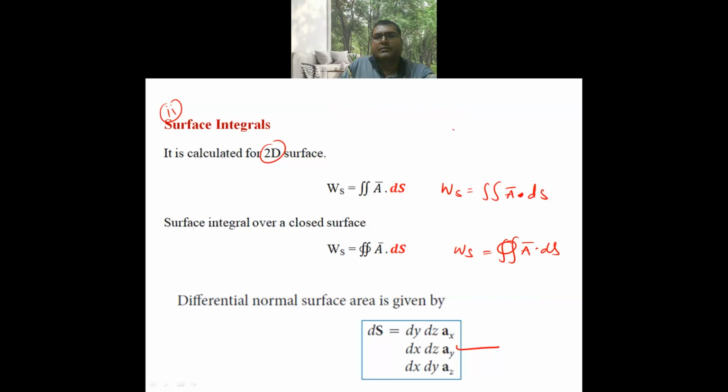In general, closed surface looks like open volume. Closed curve looks like open surface. You just remember this key point.